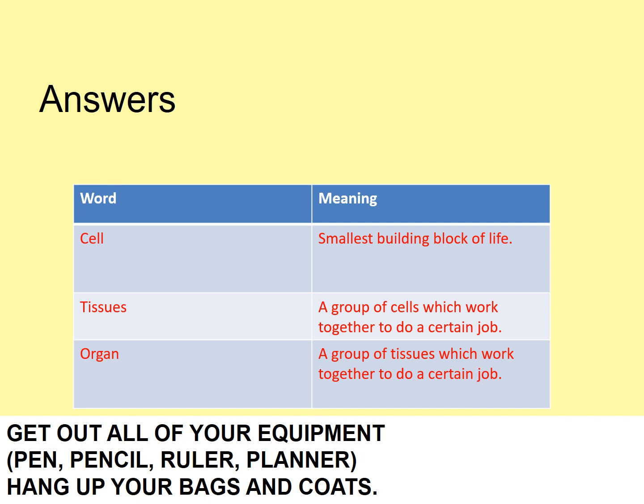And then an organ is a group of tissues which work together to do a certain job. So your heart has muscle tissue, connective tissue, nervous tissue, etc., to make an organ. If you were ever asked to put these into a size order, the cell is the smallest, then a tissue, and then an organ.